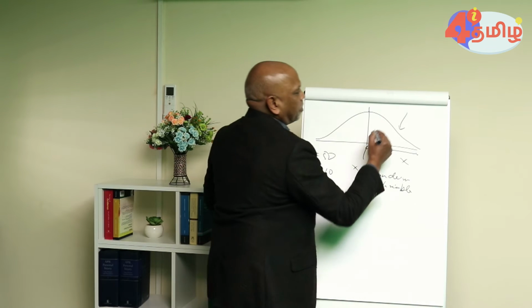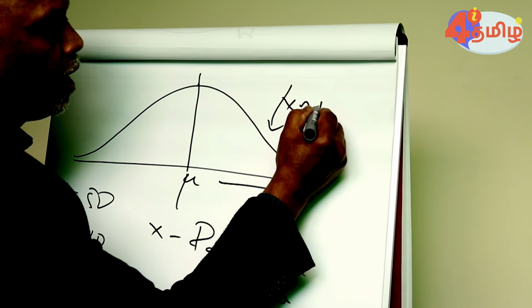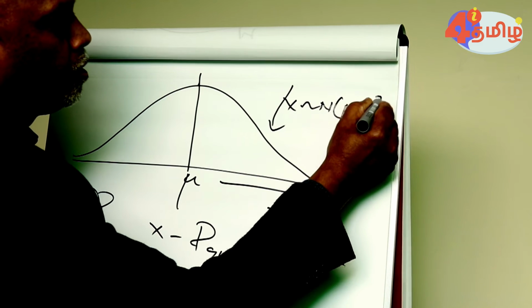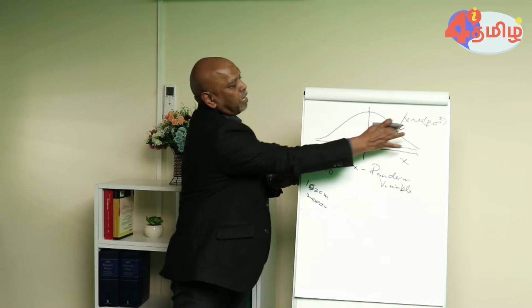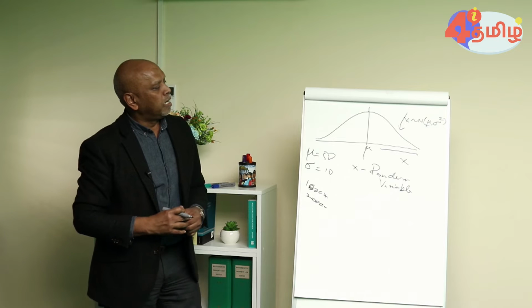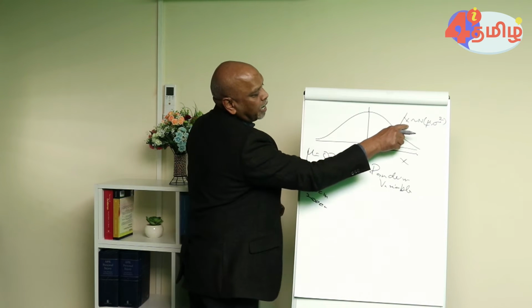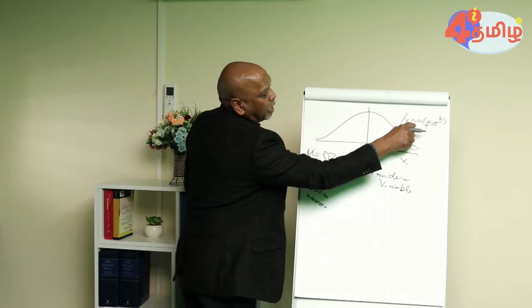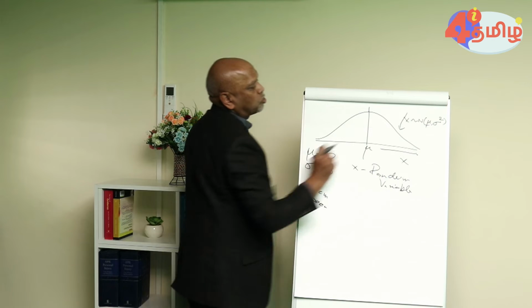And then this can be written, X corresponds to N(mu, sigma squared). This is how we represent the curve in the form of the known data. X is the random variable along this axis, and N in brackets, mu, sigma squared.